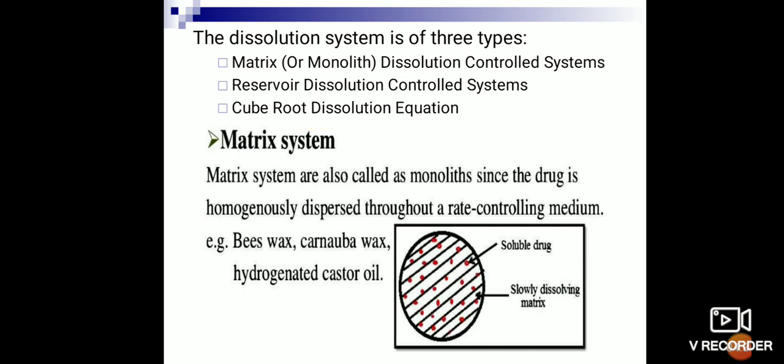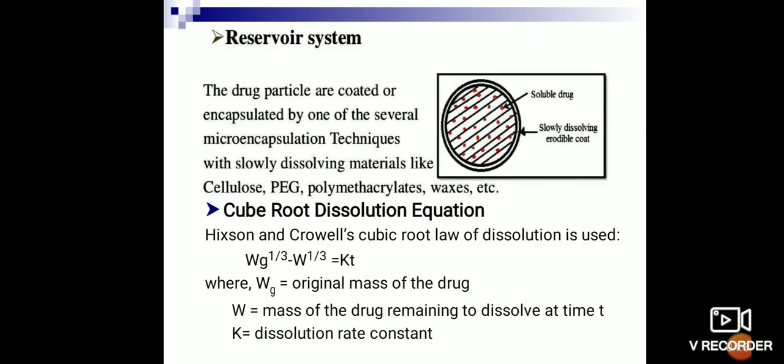The matrix system is also called monolithic, in which the drug is homogeneously dispersed throughout the rate controlling medium. Here the rate controlling materials are beeswax, carnauba wax and hydrogenated castor oil. And second is the reservoir system.